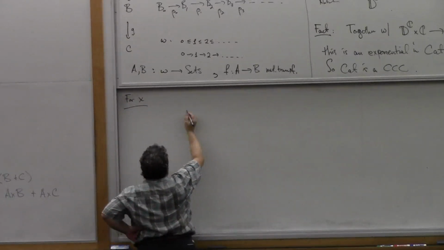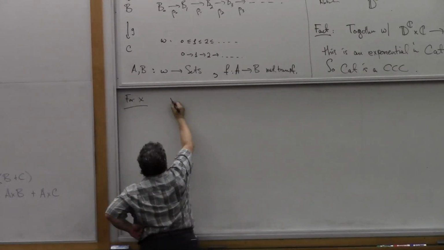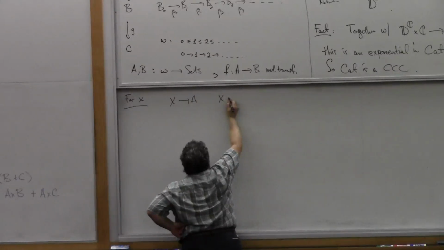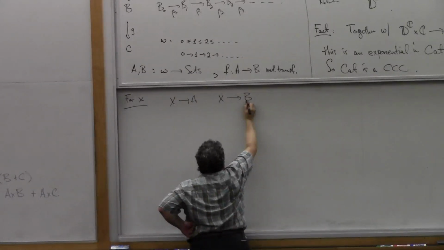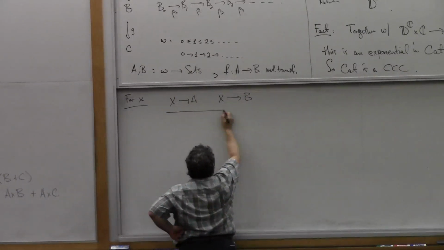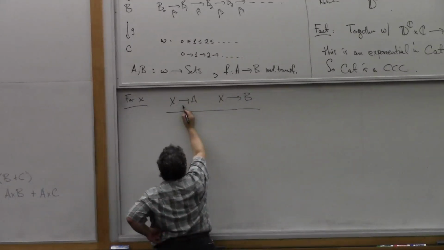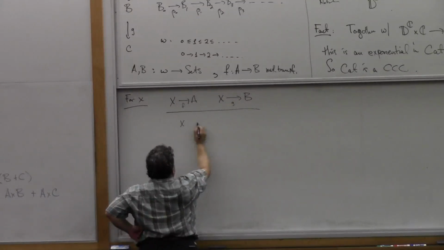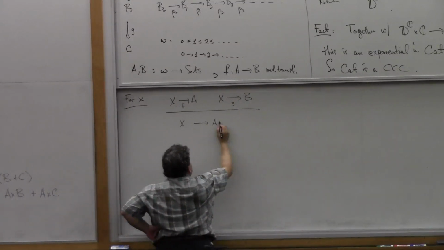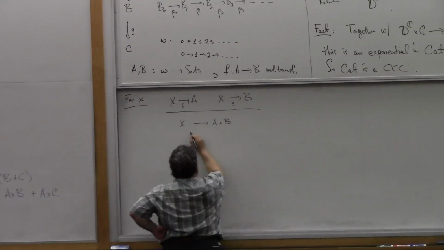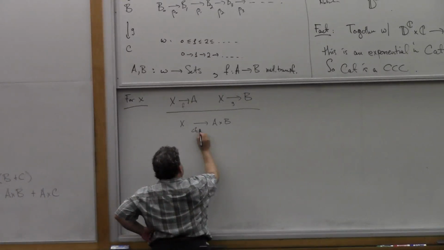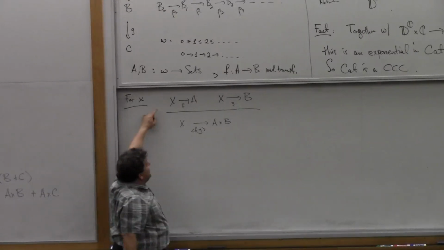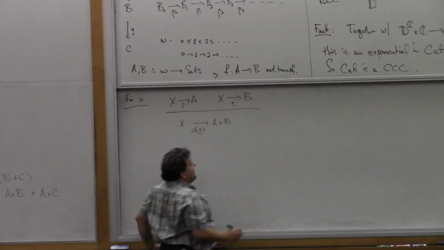we said a product is a thing that looks like this. If you have any X into A and another X into B, well, a pair of maps like that, an F and a G, determine a map from X into the product, which we called FG. And moreover, the universal mapping property says, let's write it out right here.